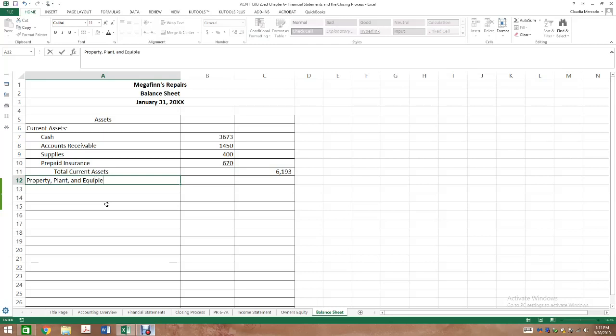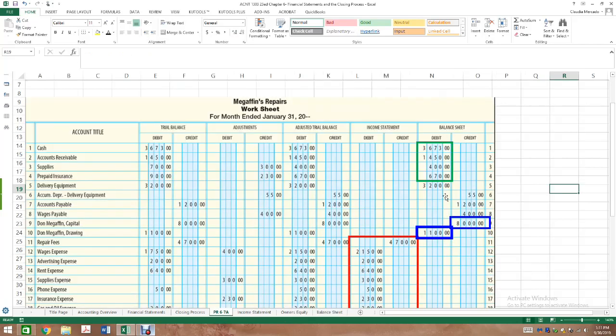The next thing I have is property, plant, and equipment, which I usually abbreviate PPE. For my property, plant, and equipment, I have my delivery equipment of $3,200. And every time you bring in the asset account, you have to also bring in the accumulated depreciation that is tied to it.